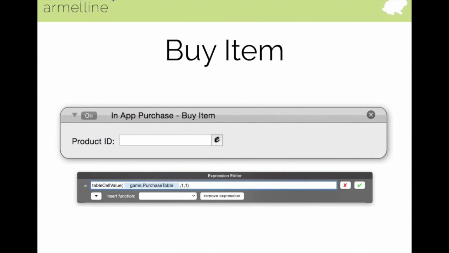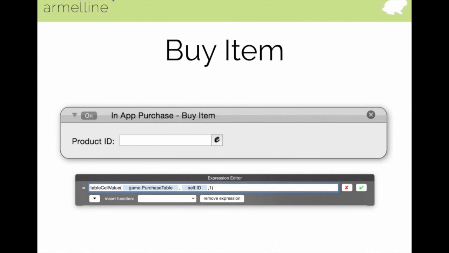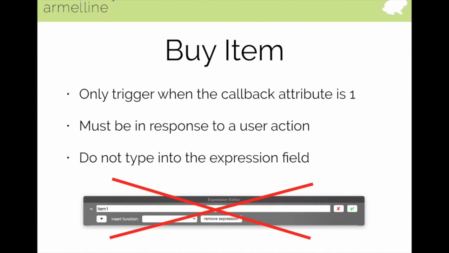You can refer to the purchase table if you want to, although things can get a bit confusing quite quickly if you do that, but it is a possibility and can save you some steps. And you can find a specific row. So if you've got 10 actors, you might number them 1 to 10. You can use the self ID there to say which row in the table you want to look at to find the product ID that this button will represent. So lots of flexibility and power there.